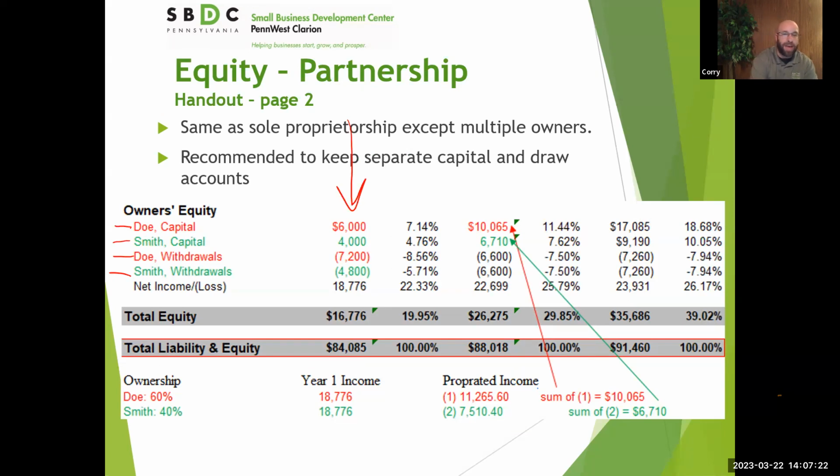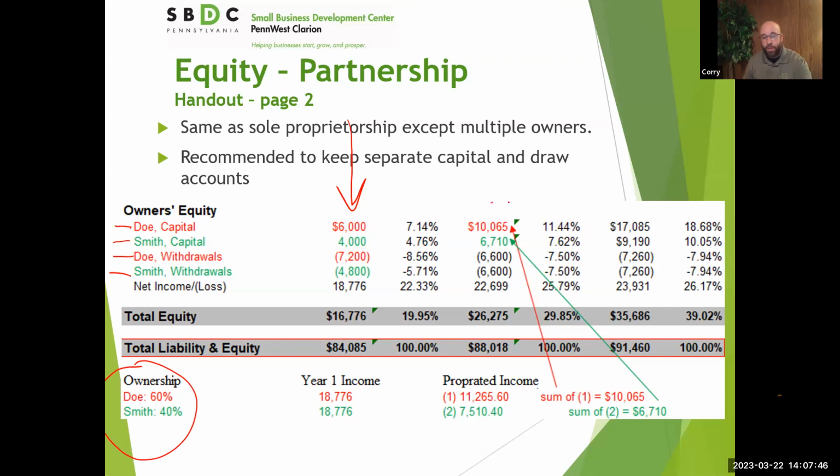The capital account is 6,000 versus Smith's capital account of 4,000. What we see in the bottom left-hand corner is that Doe owns 60% of the business and Smith owns 40% of the business. So all of this works the same as a sole proprietorship. It's just that we have more than one owner.